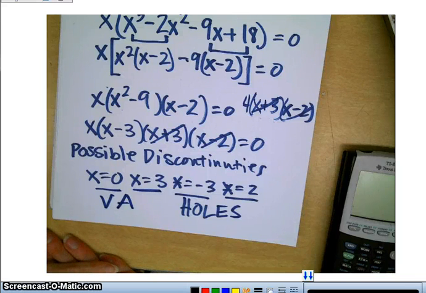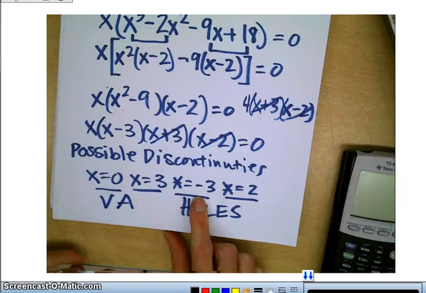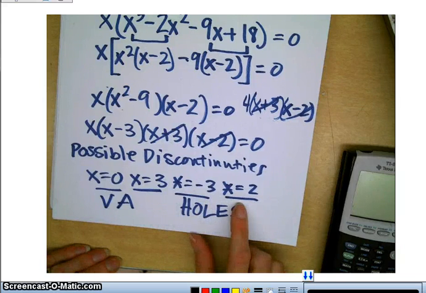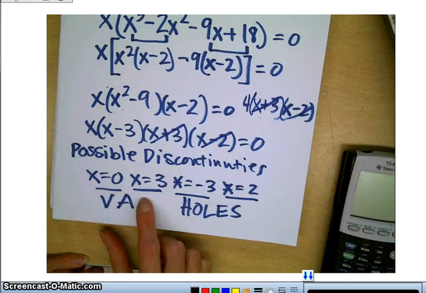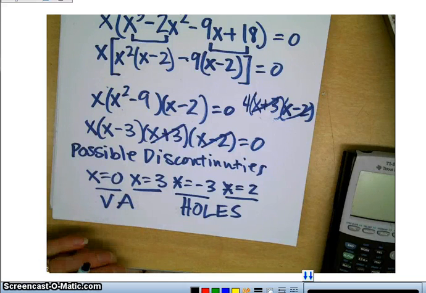That's what typically happens. If you were to find the limits as x goes to negative 3 and as x goes to 2, you'd be able to plug those numbers in and it would work out after you simplified it. For these two, you would get infinity or negative infinity for your limits.